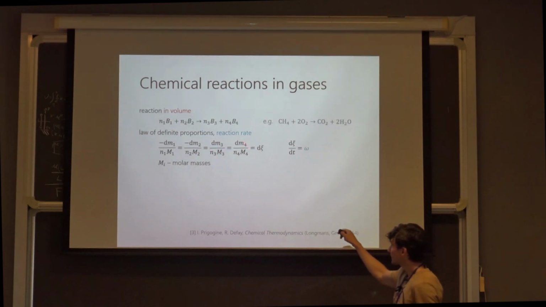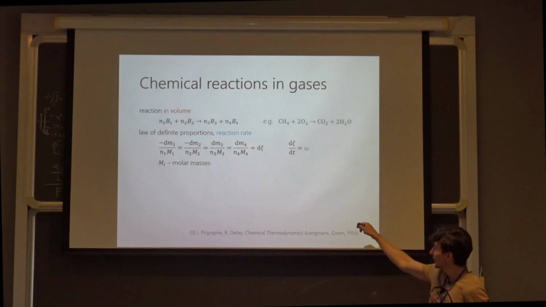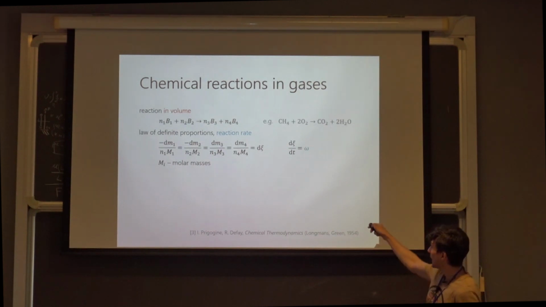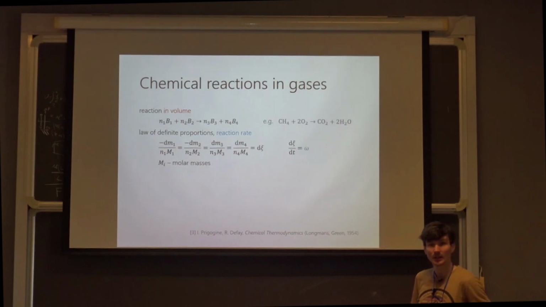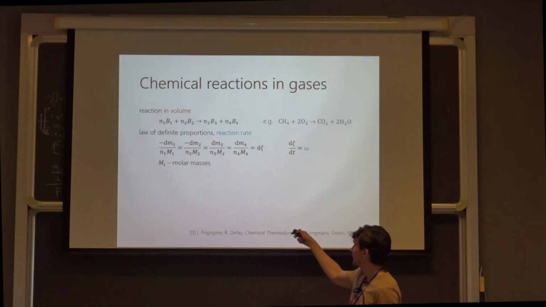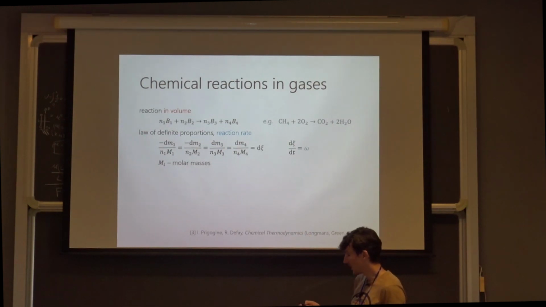So this ratio is the reaction extent, or the reaction coordinate, as it's sometimes called in the literature. And the time derivative of this reaction extent is called the reaction rate. So reaction rate is essentially the amount of mass of different reactants consumed, normalized by the corresponding stoichiometry and the molar masses.